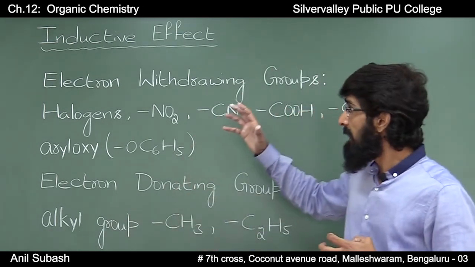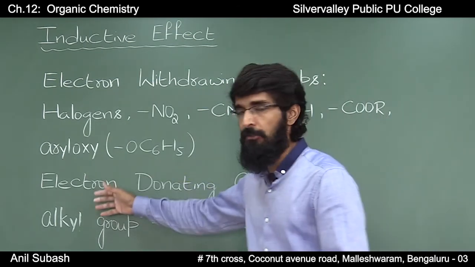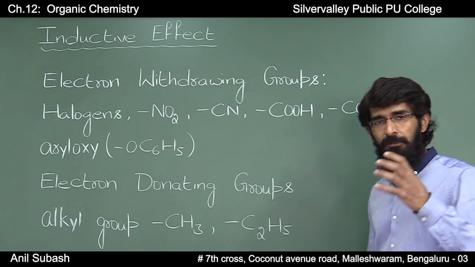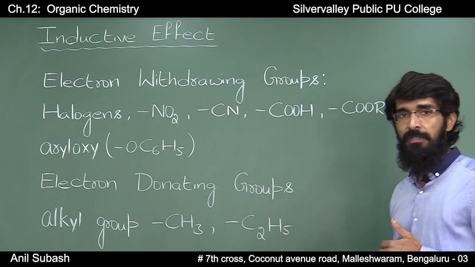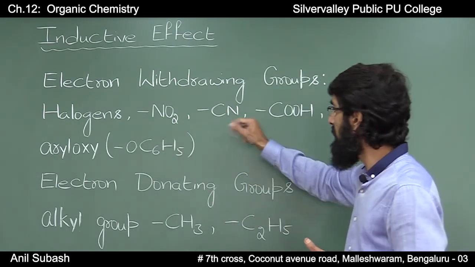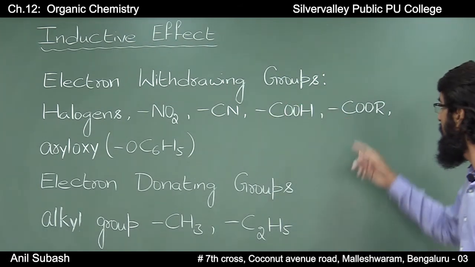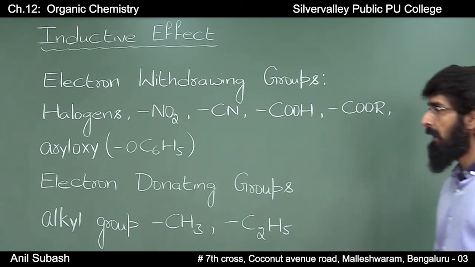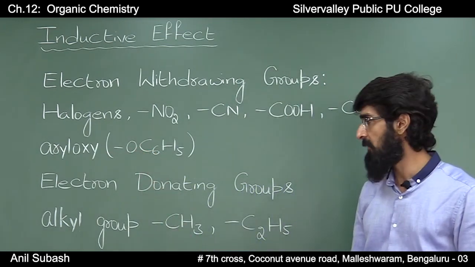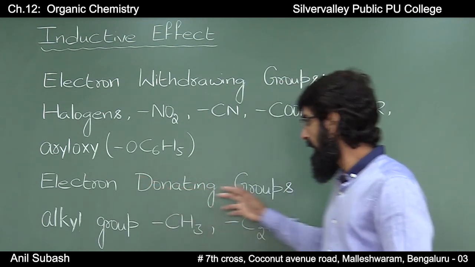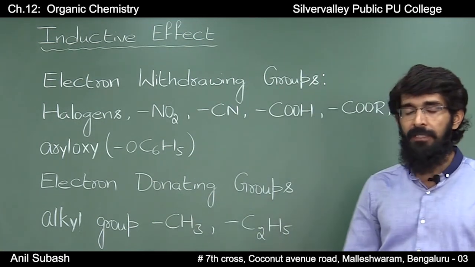That is, the substituent may be an electron withdrawing group or an electron donating group. Some examples of electron withdrawing groups are halogens, nitro, that is NO2, cyano, that is CN, carboxyl, esters, and aryloxy groups like OCH3 and OC6H5. Some of the electron donating groups are alkyl groups like a methyl group or an ethyl group.